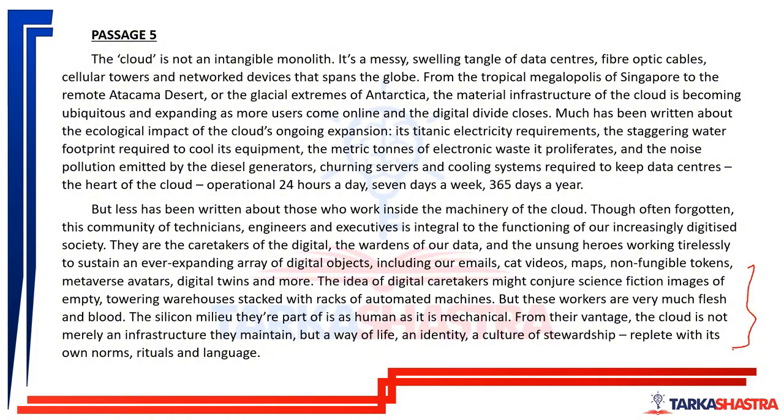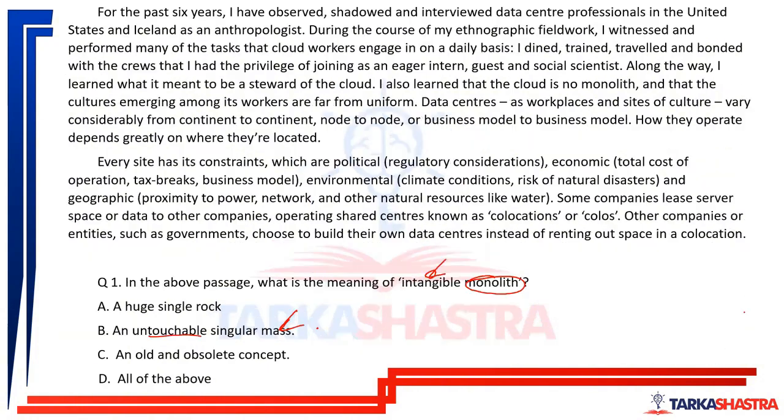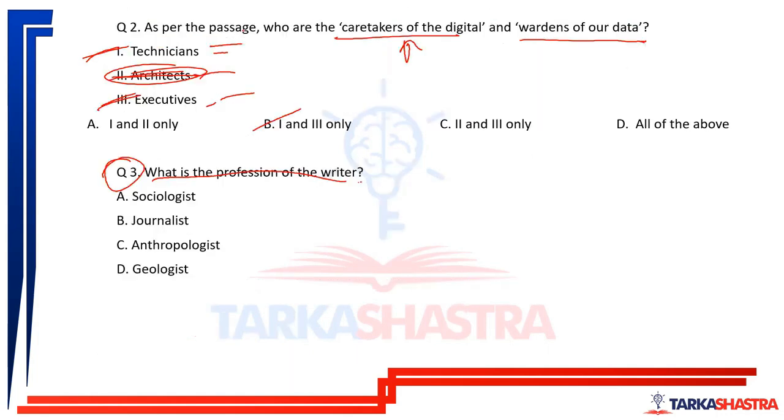The writer is talking about people here. He is saying, "For the past 6 years, I have observed, shadowed and interviewed data center professionals in the United States and Iceland as an anthropologist." So the author has told you that he is an anthropologist. So the correct answer should be C. Again, this is given in one single statement, so it should not be a problem getting to it.